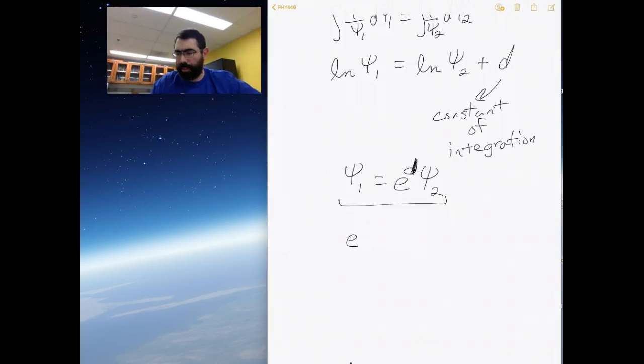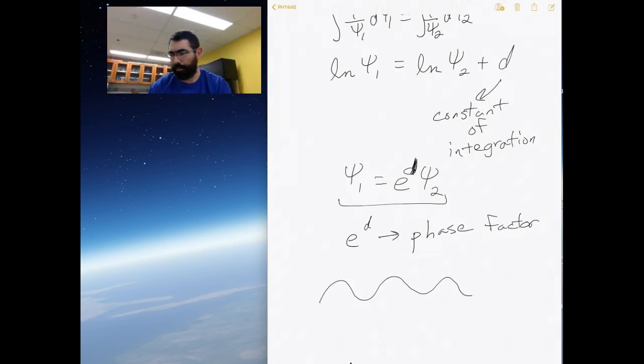And so this e to the d we can think of as a phase factor. So basically what we're saying is that the wave function psi 1 is the exact same thing as the wave function psi 2, but it could be shifted slightly by a certain phase.